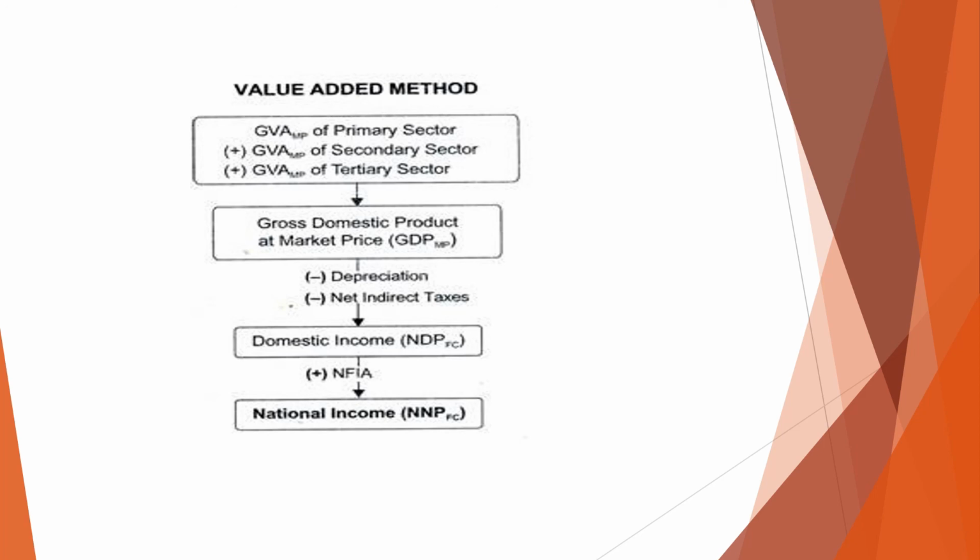Add all three of them, then you will get gross domestic product at market price, GDP at MP. Minus depreciation minus indirect tax, then you will get NDP at FC. Add net factor income from abroad. Now you will get NNP at FC, net national product at factor cost, which is equivalent to national income.